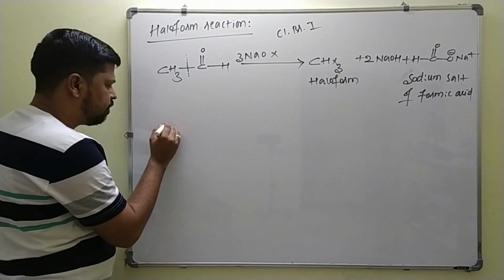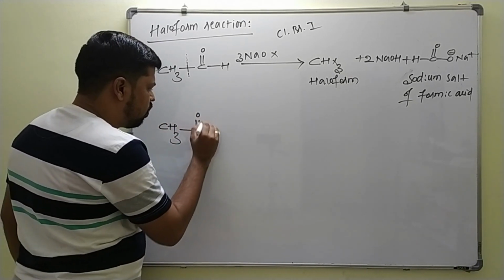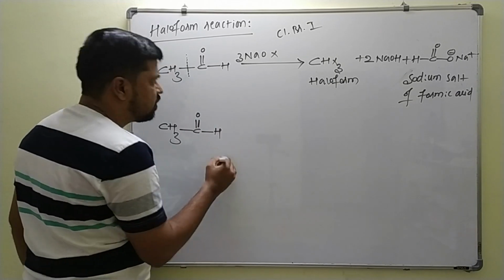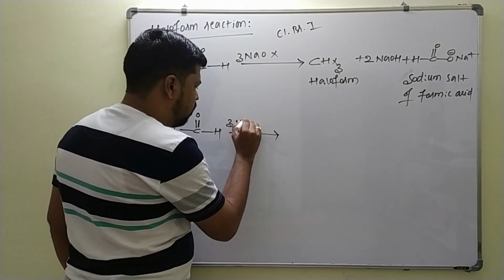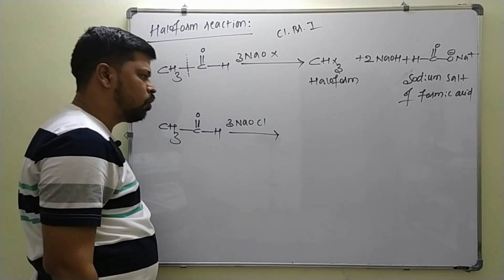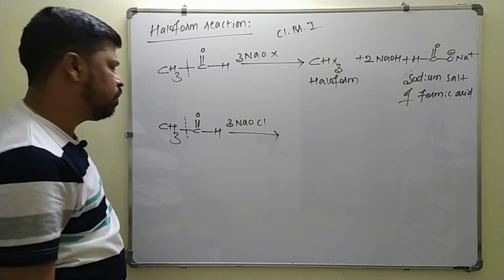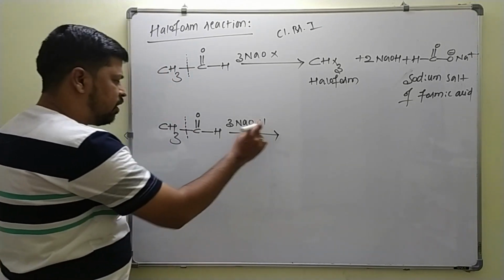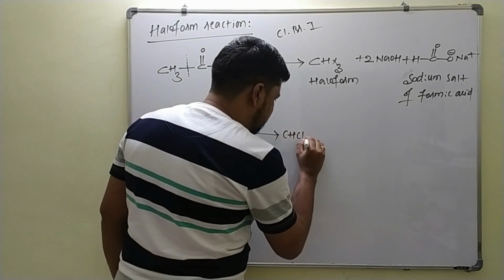So if I write CH3 C double bond O H, this on treating with 3 times NaOCl, sodium hypochlorite, you just break this carbon-carbon bond before the carbonyl group and you add 3 chlorines to this carbon, you will get chloroform CHCl3.